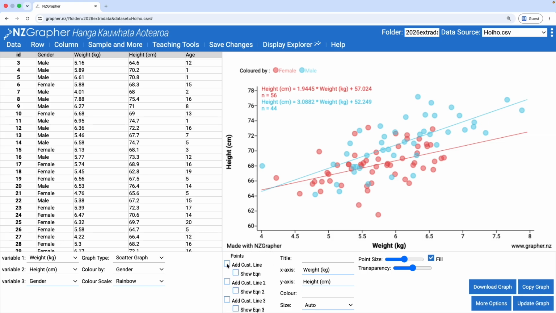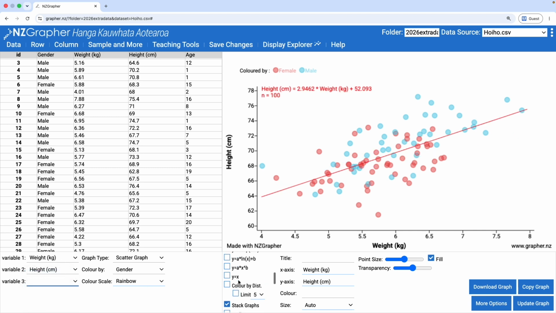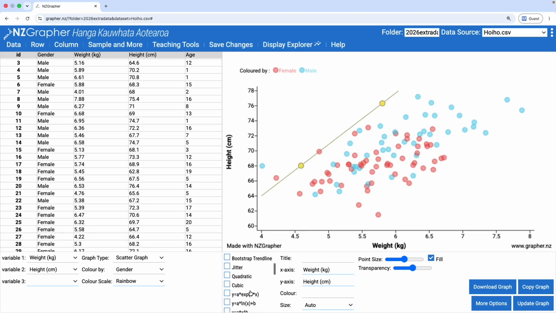I'm going to unstack the graphs now. If you come to add a custom line, it gives you a couple of points on the graph that you can drag around. In fact, I'm going to get rid of the regression line. This is particularly useful for your year 11s, or younger. I'm going to tick that mean dot, if I can find it, there we go.